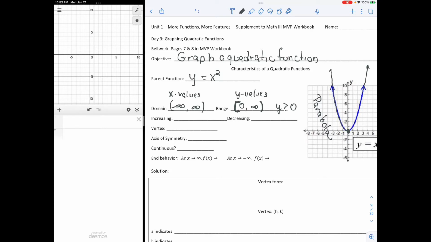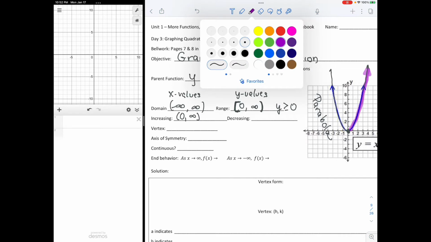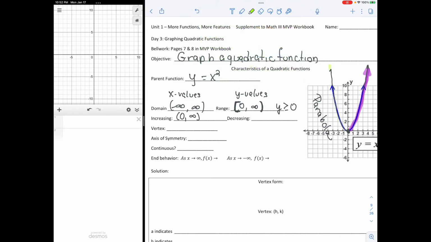So where is this parabola increasing? Where are my slopes positive? So we notice that the graph is increasing to the left here. So my y values are getting bigger and bigger and bigger. So it's increasing from 0 to infinity. Where's it decreasing? Where are my y values getting smaller and smaller and smaller?